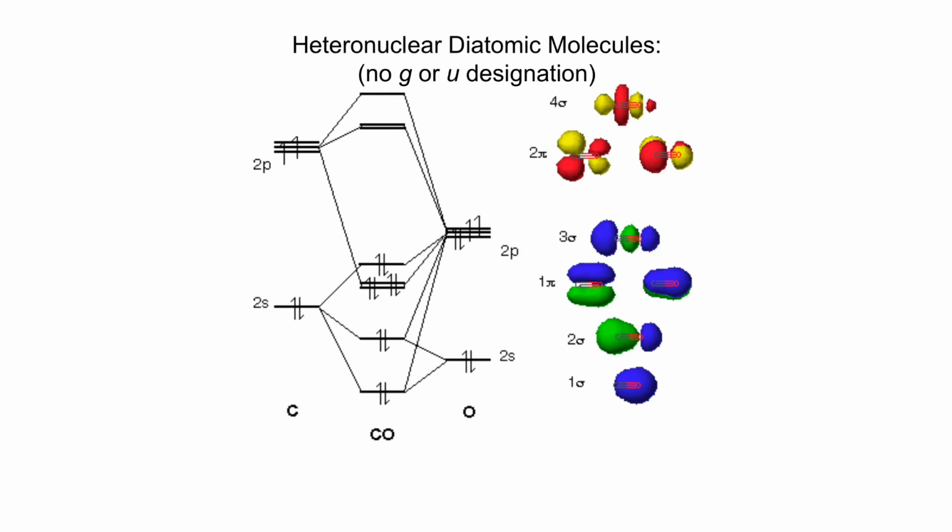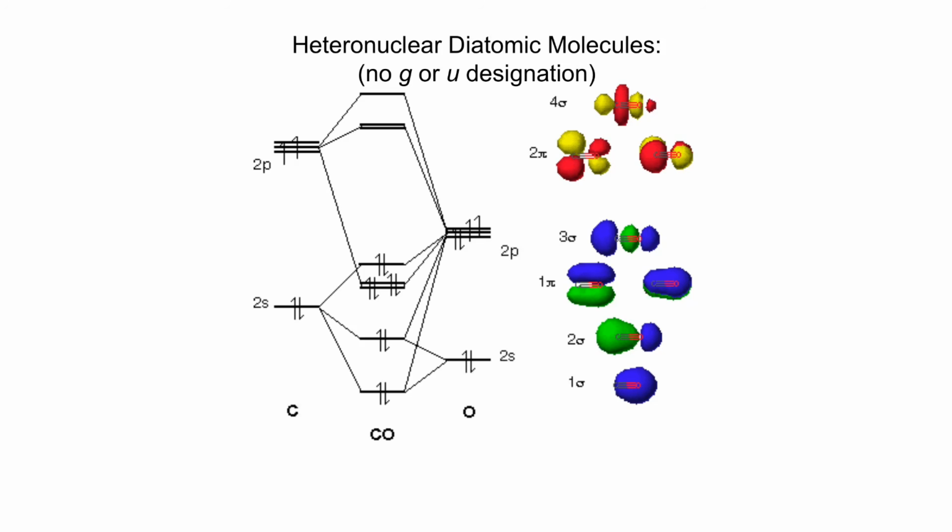Okay, so that was your crash course in putting together molecular orbitals from atomic orbitals and creating a molecular orbital diagram. So this is essentially how you go about really trying to predict whether or not two atoms are going to form a stable bond.